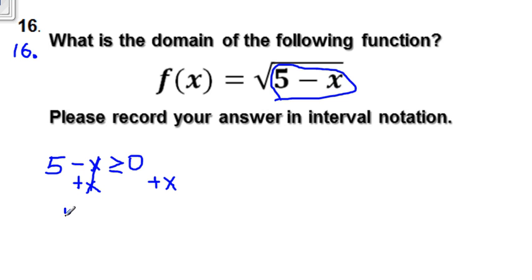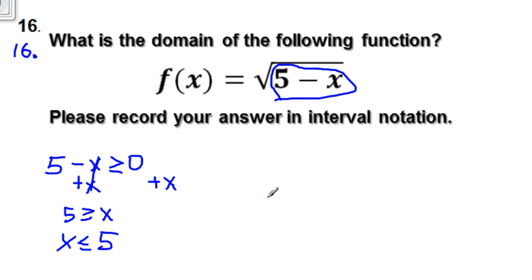So what we have is 5 is greater than or equal to x, which, because of the symmetric property of algebra, we can write as x is less than or equal to 5.